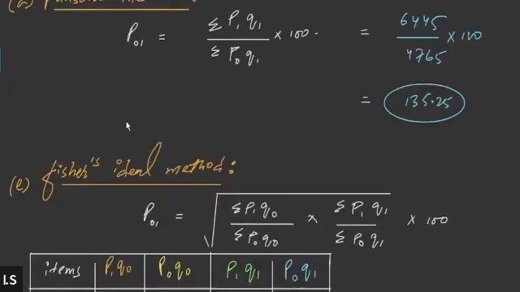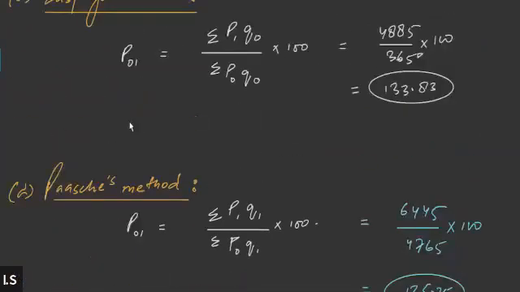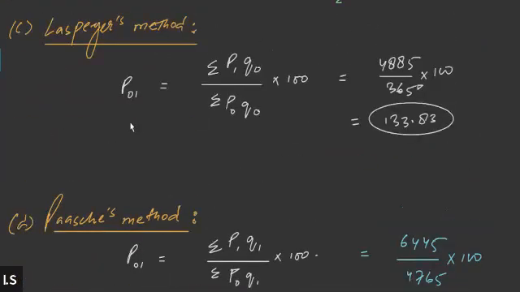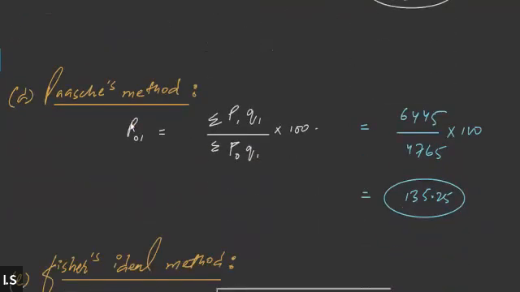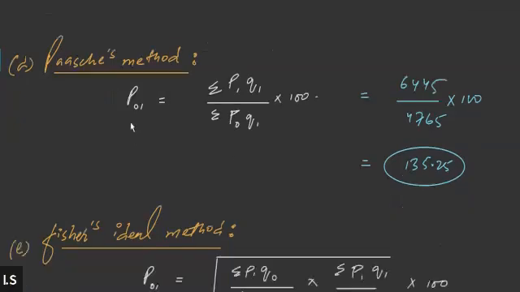Then we will apply the formula for Fisher's ideal method. Now what you can do, Alexander, here, see, we have two alternatives. Firstly, we can simply multiply the answer we have got in the Laspeyres method and the Paasche's method, and then we can simply take the square root of it.